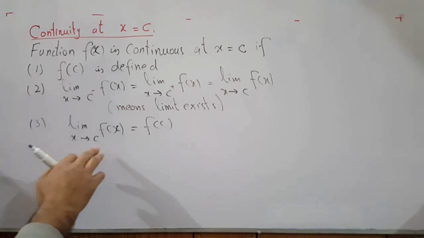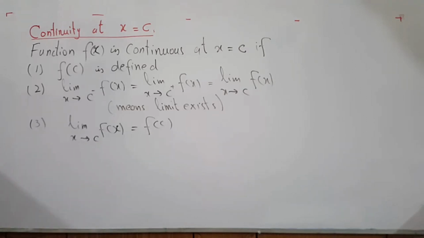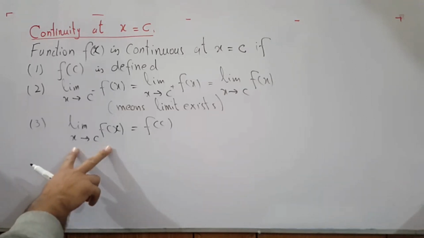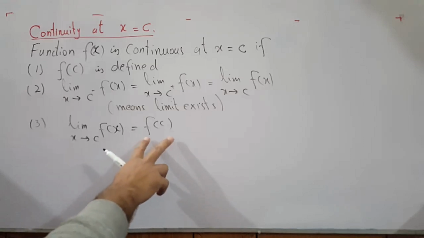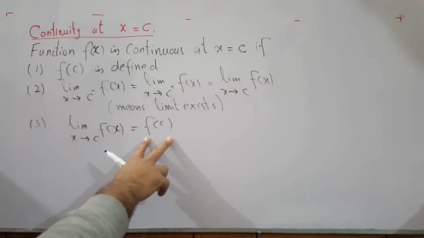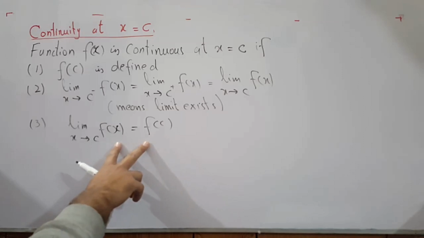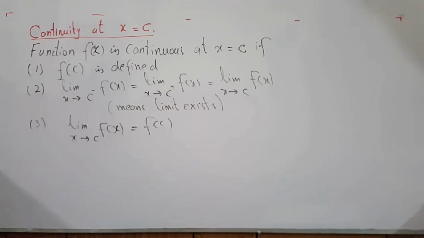The final condition is that the limiting value and the function value at that particular point are both the same. Then we say that the function is continuous at that given point.